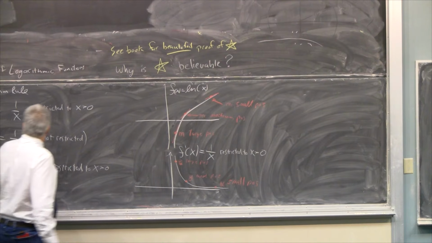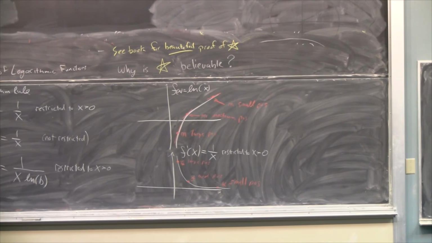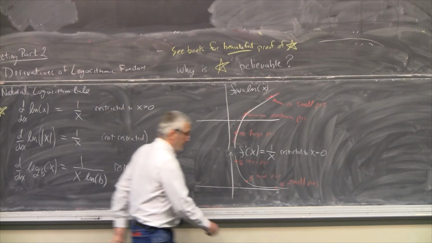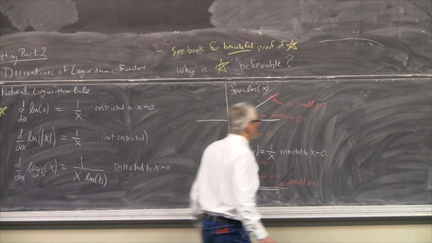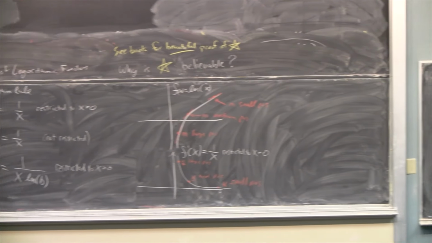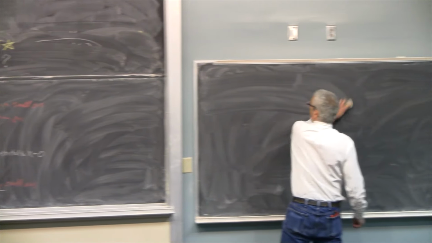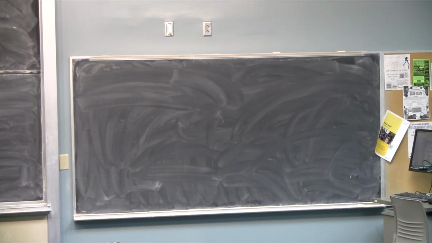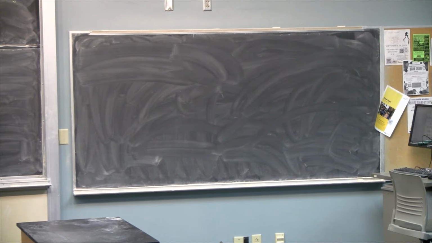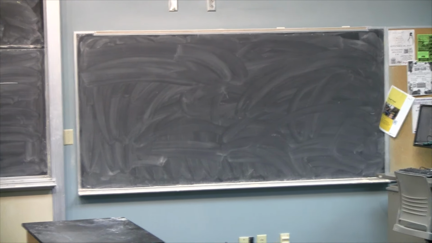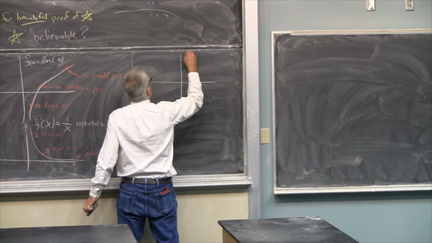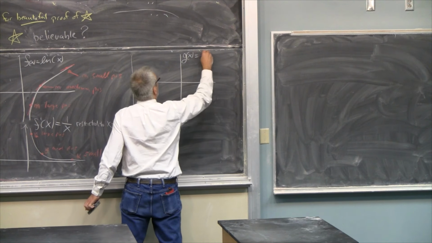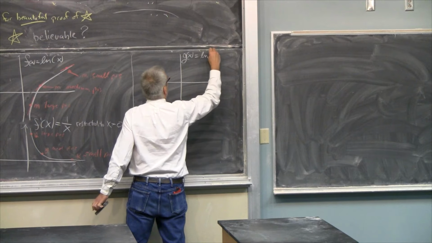Now, why is the next rule believable? Well, let me just draw the graphs and not the tangent lines. The graph of g of x is ln of absolute value of x.